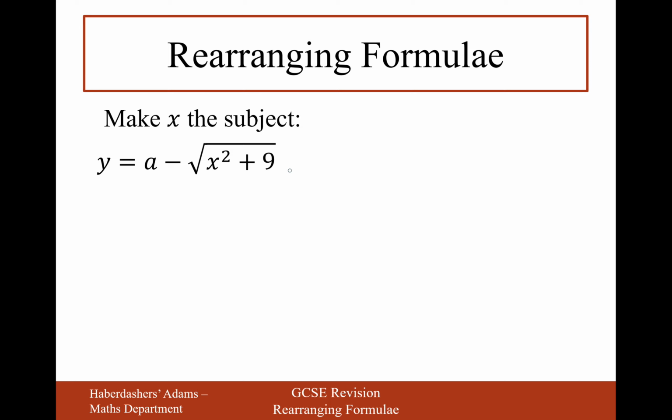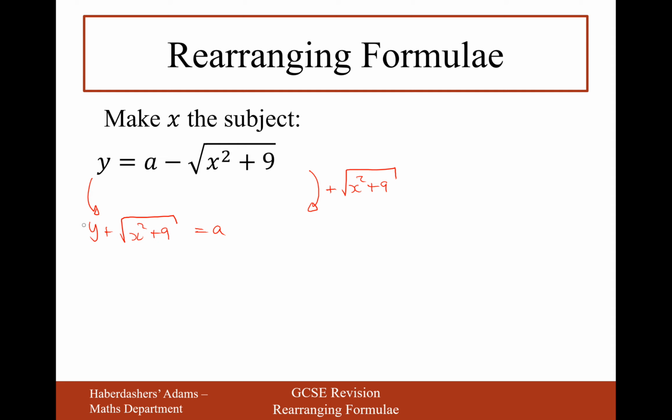The first thing I'm going to do here is add the thing that's got x in it onto the other side. So I'm going to add the whole expression, the square root of x squared plus 9, onto both sides. So I'm going to get y plus the square root of x squared plus 9 equals a.